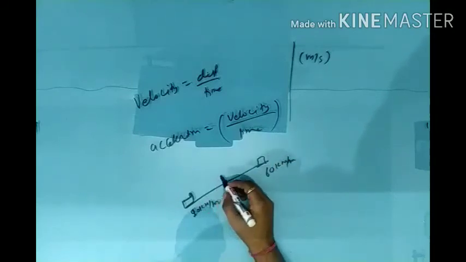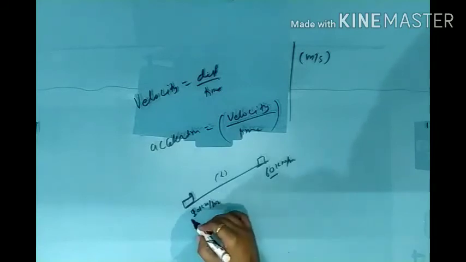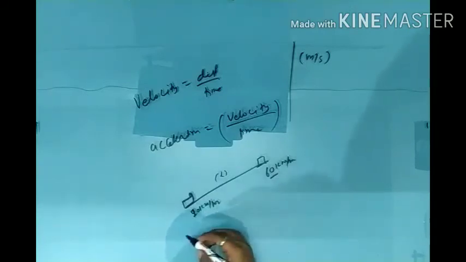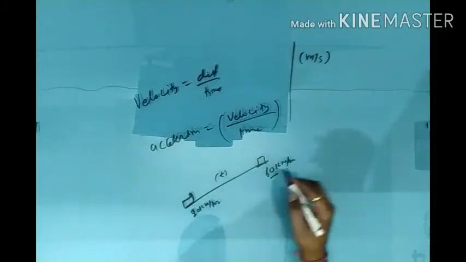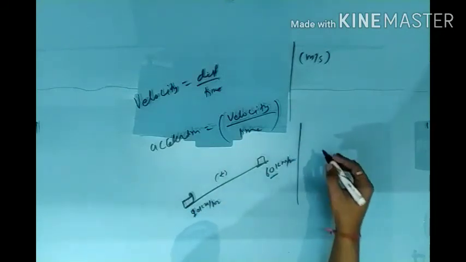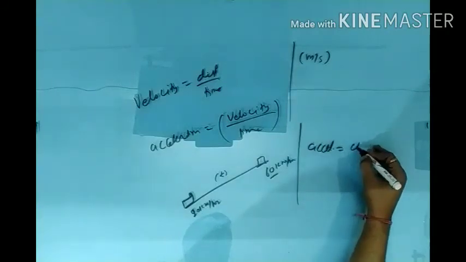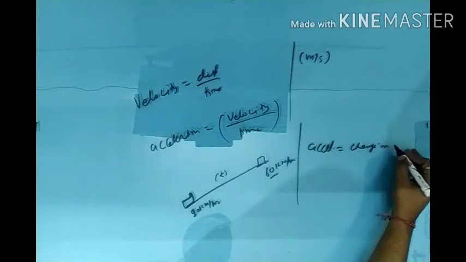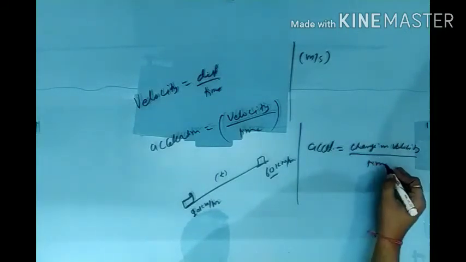Then how much time does it take to reach that speed? It means the change in velocity or change in speed with respect to time is called acceleration. Acceleration is equal to change in velocity over time.